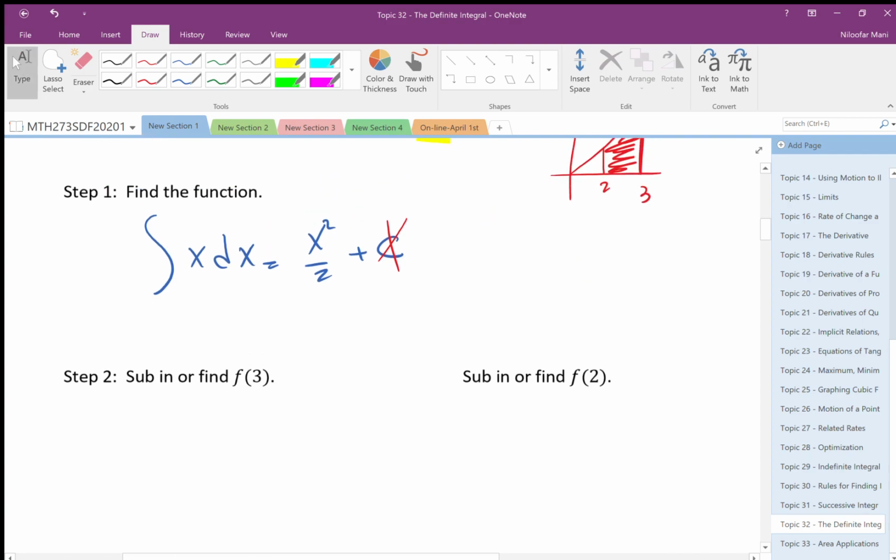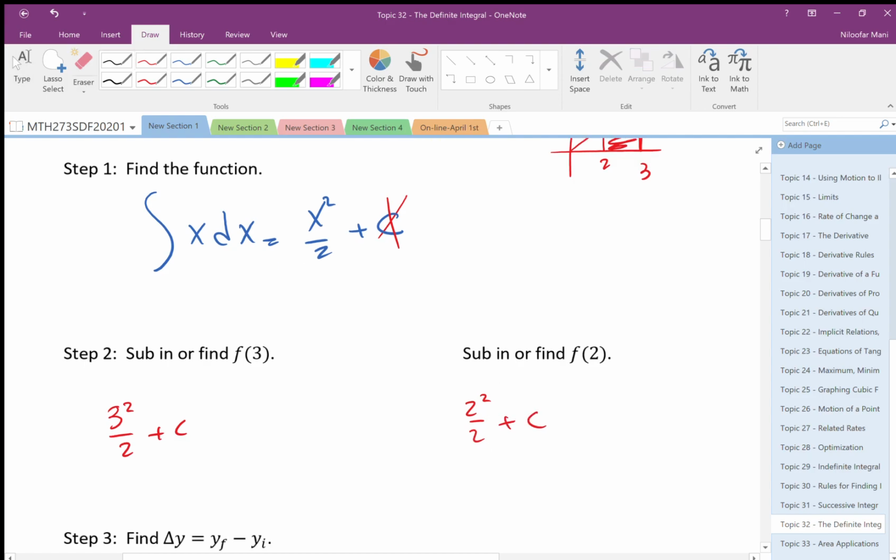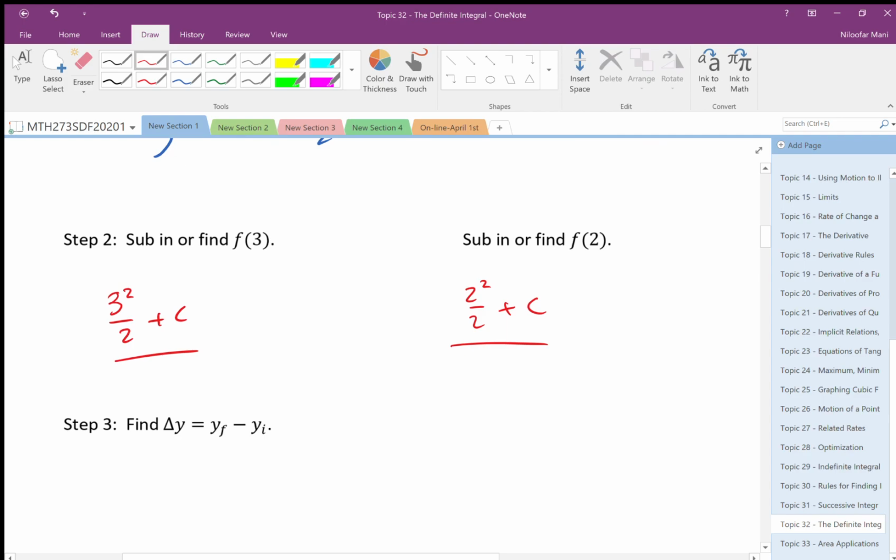So what happens when you substitute 3? It is 3 squared over 2 plus c. It is 2 squared over 2 plus c. And then find this one minus this one. So it's 3 squared over 2 plus c minus 2 squared over 2 plus c, which is 9 over 2, which is 4.5, plus c, minus 2, minus c. c and c cancel.